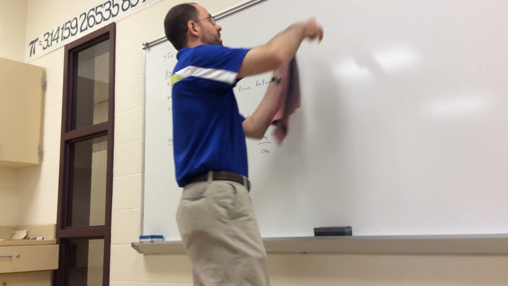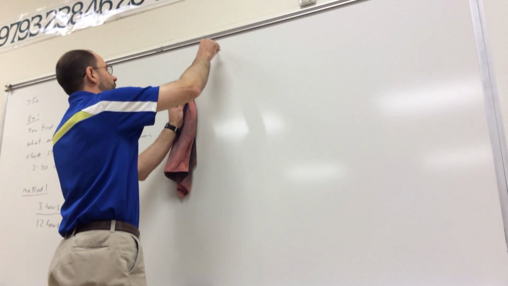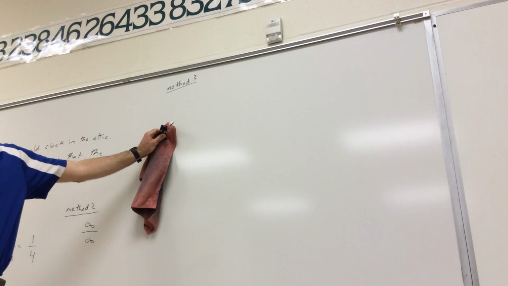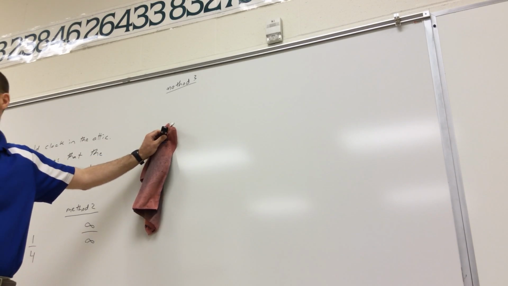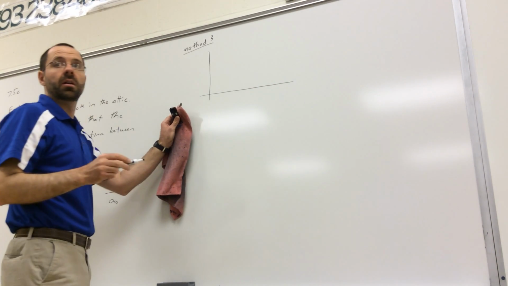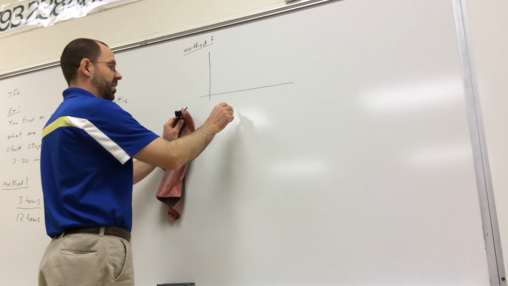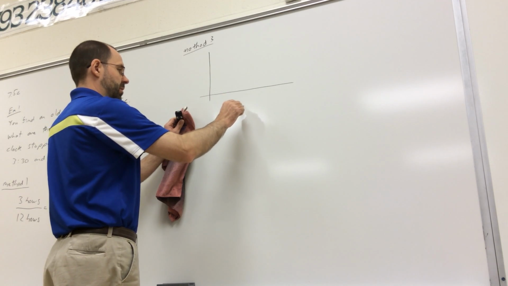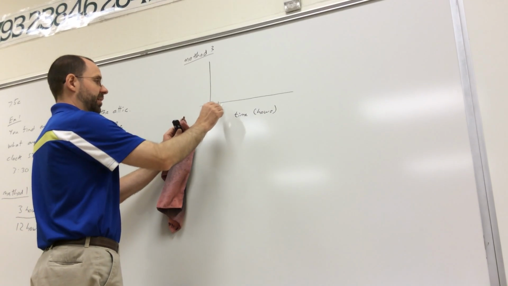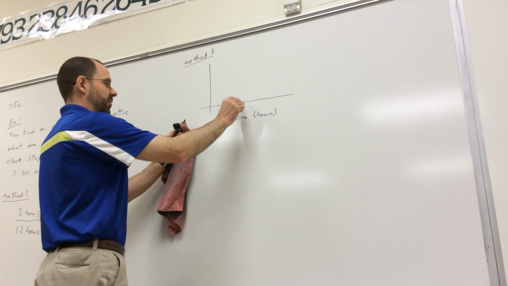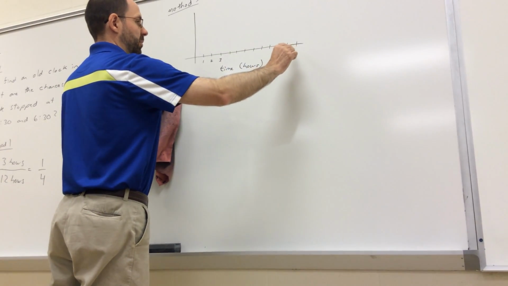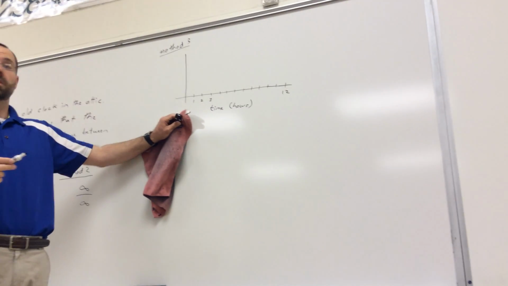Okay, so for method 3, we're going to use the new method that we're going to learn today. And so we're going to use what's called a probability density function. Okay, so I'm going to graph a function. And on the bottom is going to be the time in hours. So there's 1 o'clock, 2 o'clock, 3 o'clock, 4, 5, 6, 7, 8, 9, 10, 11, all the way up to 12 o'clock, right?